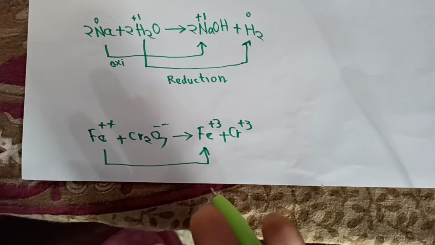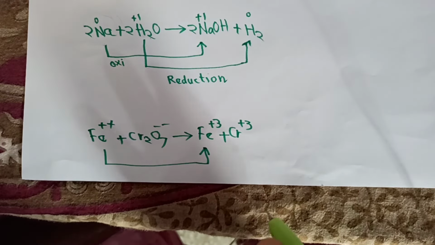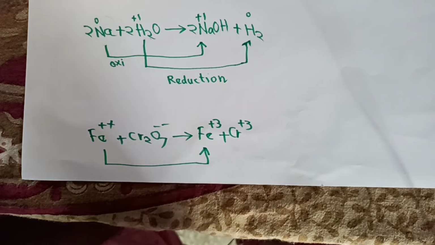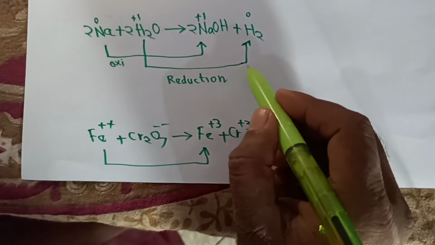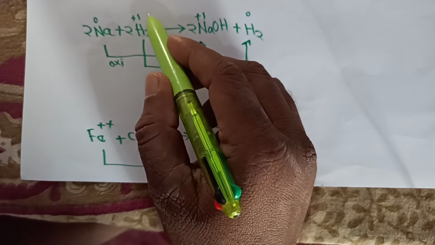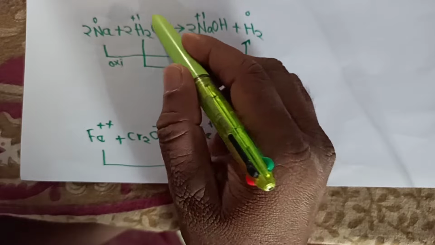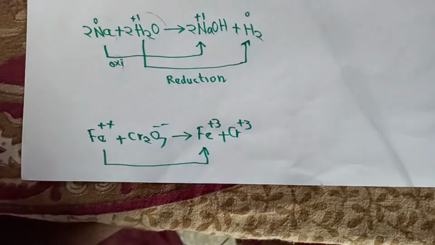Negative person means electron gone. So this is the oxidation and this is the reduction. Oxidation is done by this compound because it is not oxidized itself. So 2H2O is the oxidizing agent and this is the reducing agent.